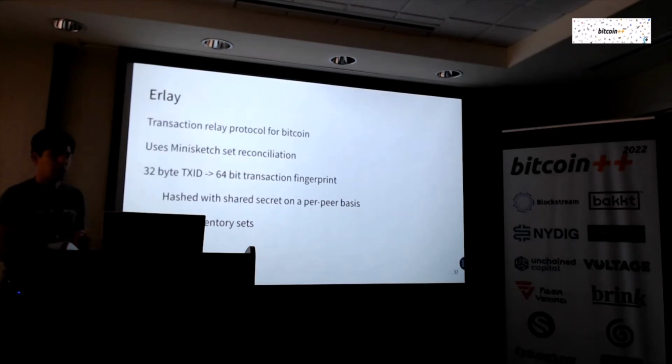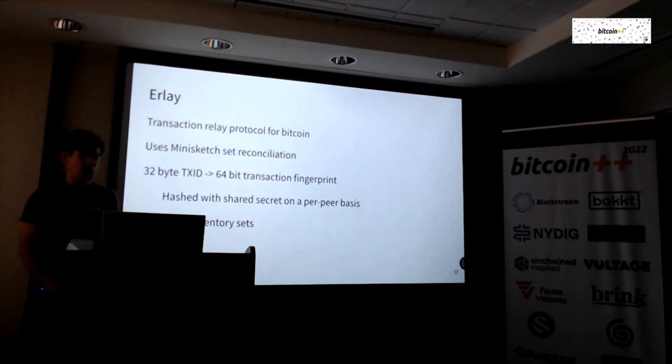If you're familiar with the Relay protocol, that's what Minisketch was actually developed for. And Relay uses this to encode each transaction that's in the mempool that you want to share with peer Bitcoin nodes.